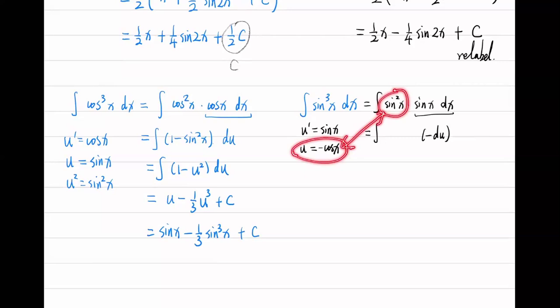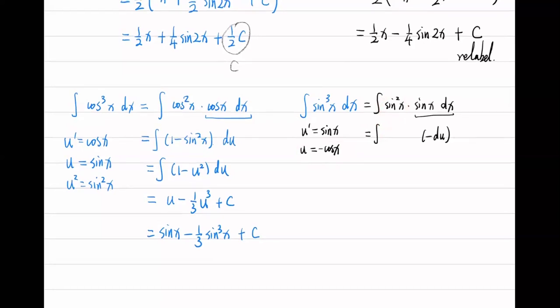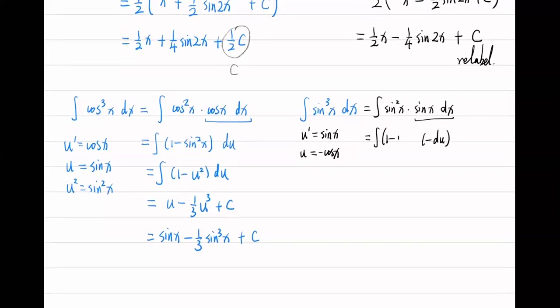So sine square again is 1 minus cosine square. How do we convert this to u?